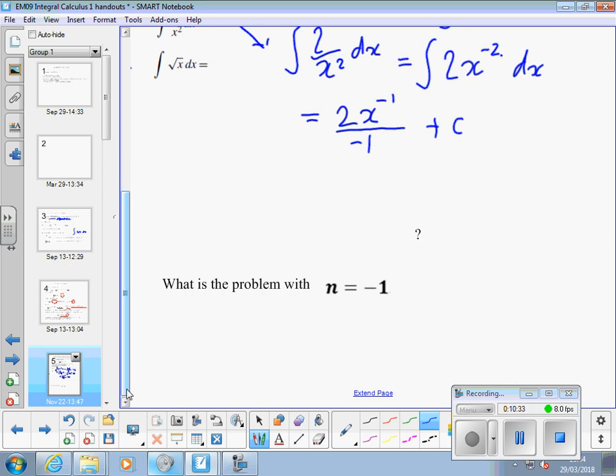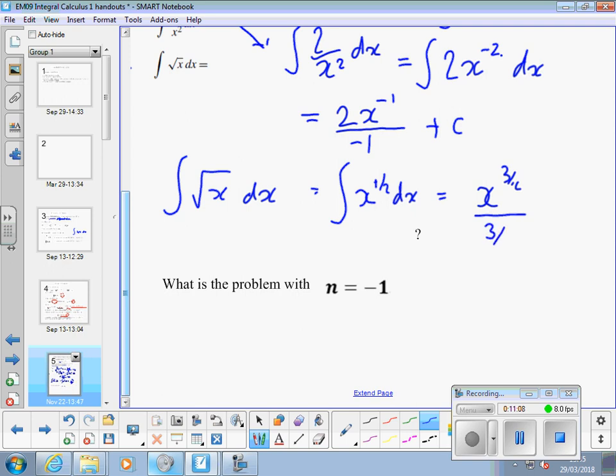Lastly, about the integral of the square root of x. How can we rewrite that? The integral of x to the power of a half dx. Now we apply the rule, so it's x, one to the index, divided by the new index. So write that.